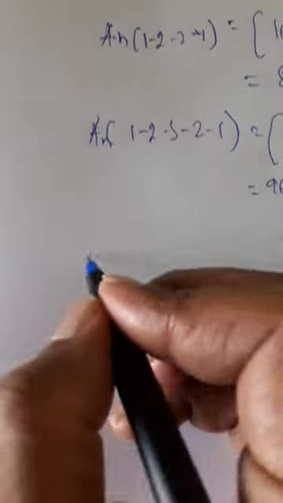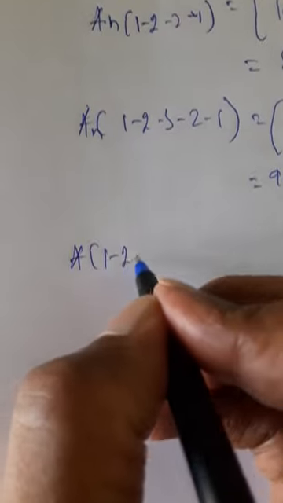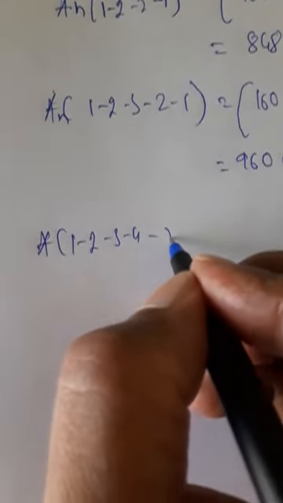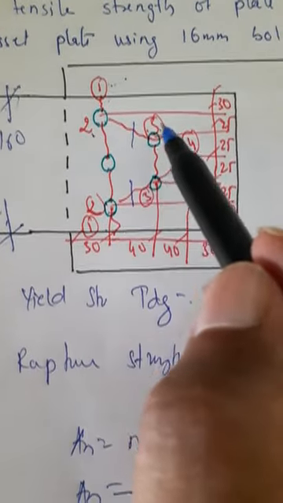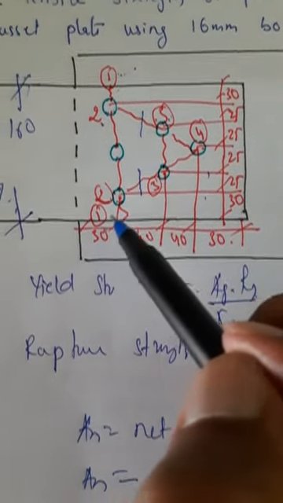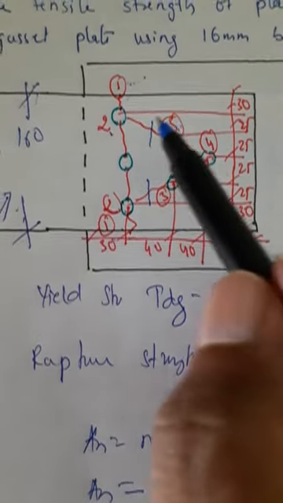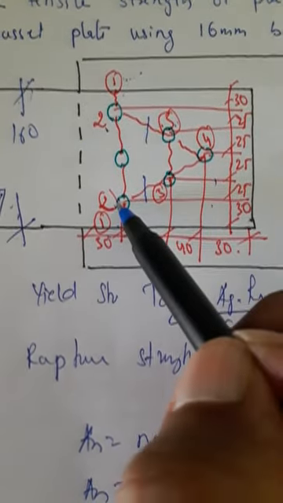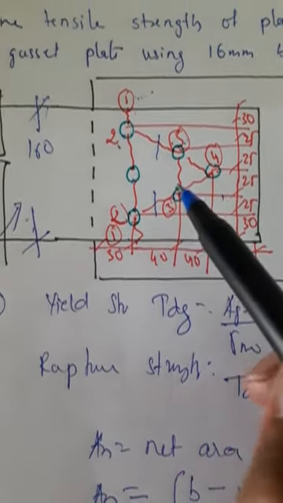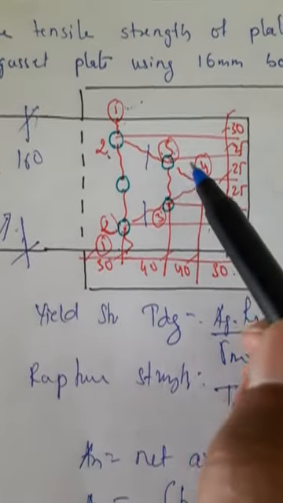Similarly I will write along 1, 2, 3, 4, 3, 2, 1. If you look here, the number of bolt holes is 5, so N is 5. Slant lines: 1, 2, 3, 4, so 4 are slant.